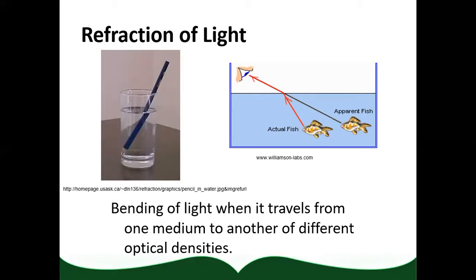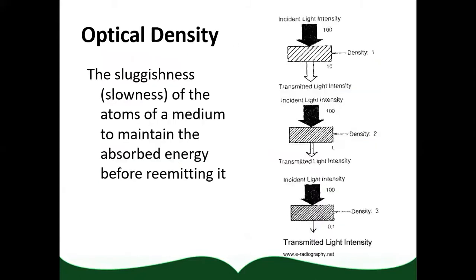Now, how does light bend? We should first know what optical density is. Optical density is the sluggishness or slowness of the atoms of a medium to maintain the absorbed energy before re-emitting it. For instance, if the optical density of a material is 1, the light intensity of 100% when it passes through this material will only transmit 10% of the incident light intensity.